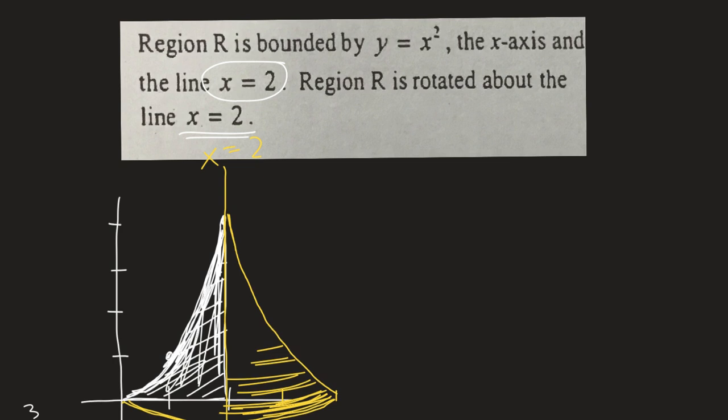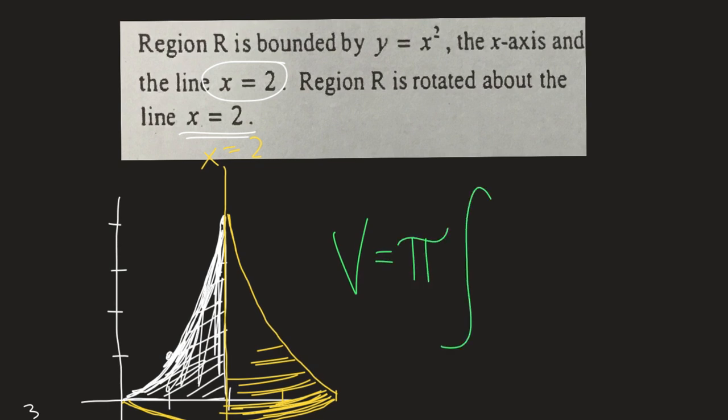Now we have done a horizontal rotation, so all of our functions need to be y functions. When we do a vertical rotation, we're looking at x's. Here, we are looking at y's. Our volume formula doesn't change because we're still getting circles.